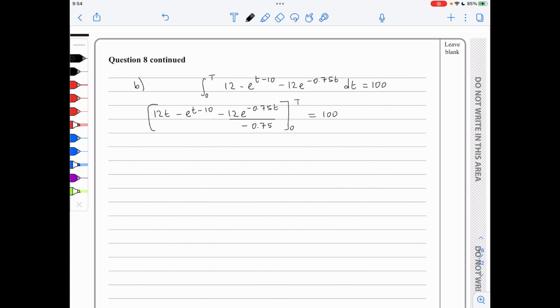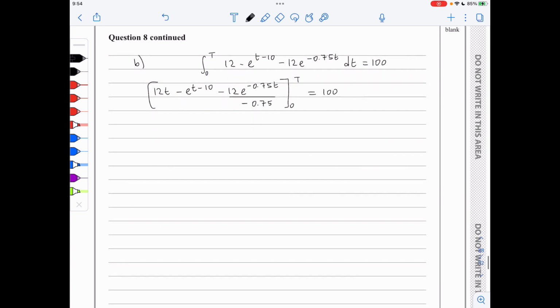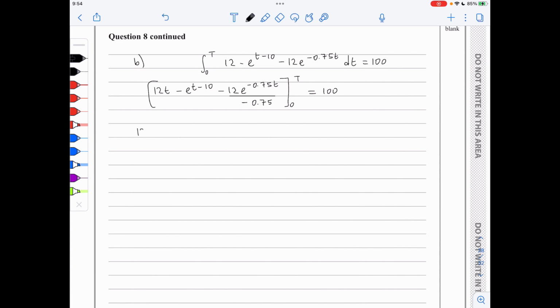If I substitute the capital T, I will be getting 12T − e^(T−10) − 12e^(−0.75T) over −0.75, minus, substituting the lower limit, 0 − e^(−10) − 12e^0 over −0.75, and this is equal to 100.